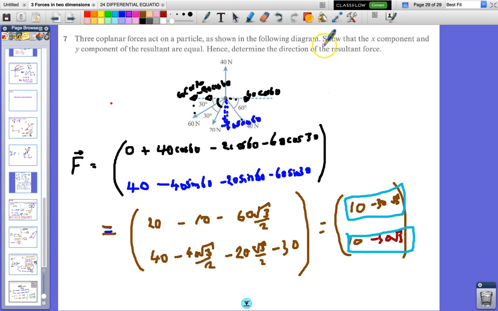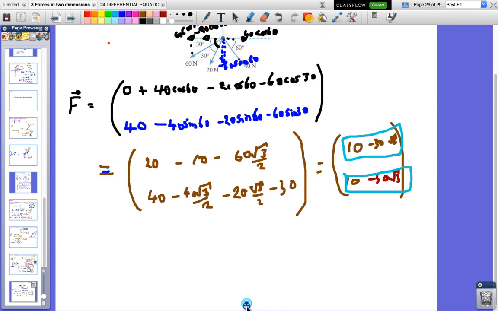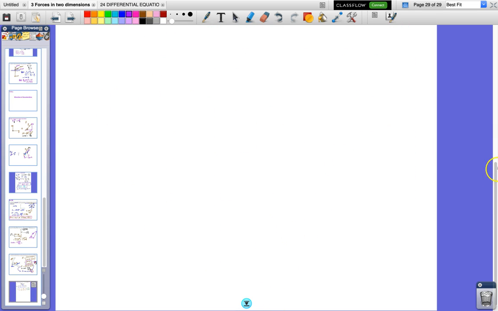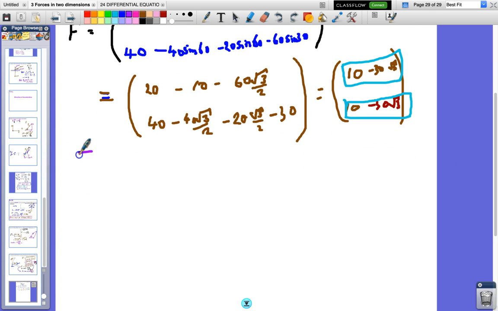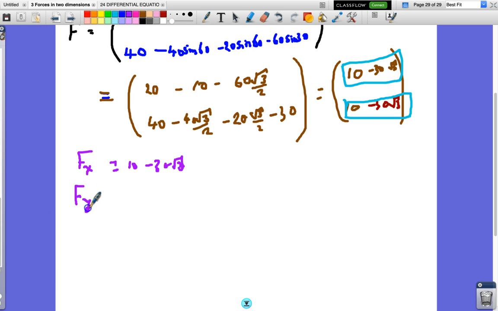It said you should show that the x and y components of the resultant force are equal. Hence, determine the direction of the resultant force. So I'll conclude here. F in the x component is 10 minus 30 root 3, and the resultant in the y component is 10 minus 30 root 3.